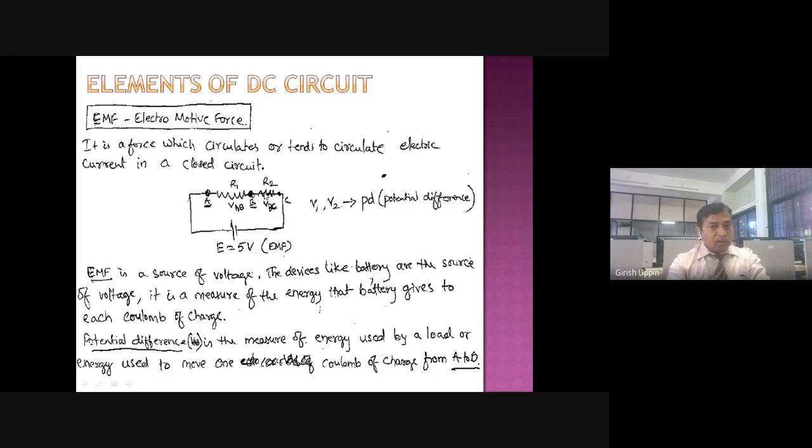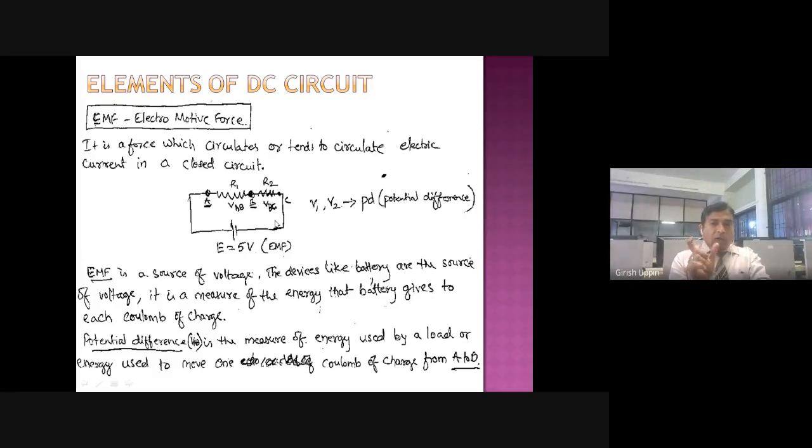Similarly, the potential difference or the voltage across resistor R2 is VBC, because it is the difference between VB and VC.